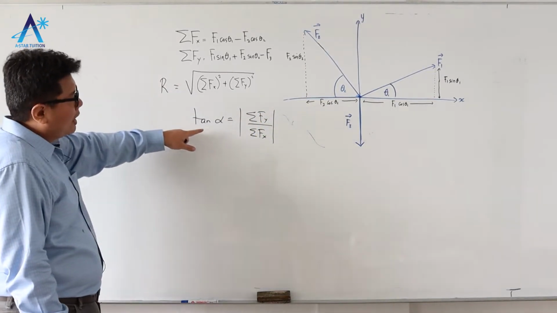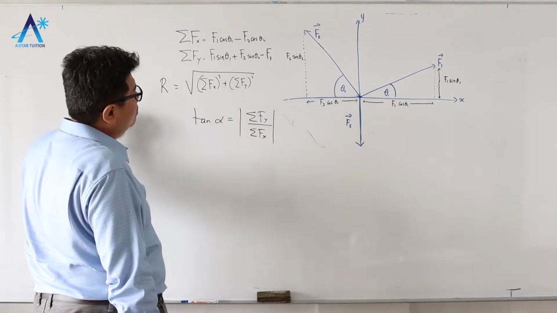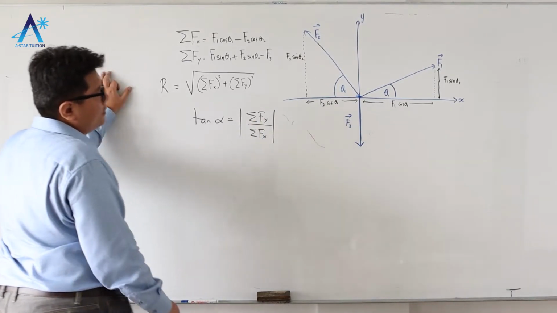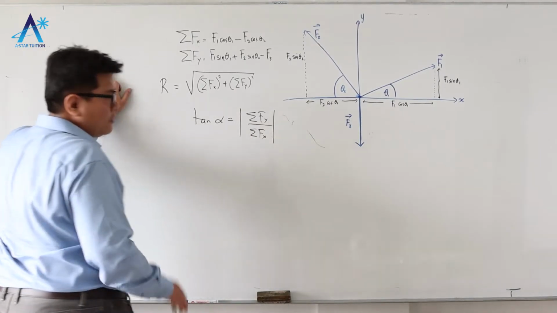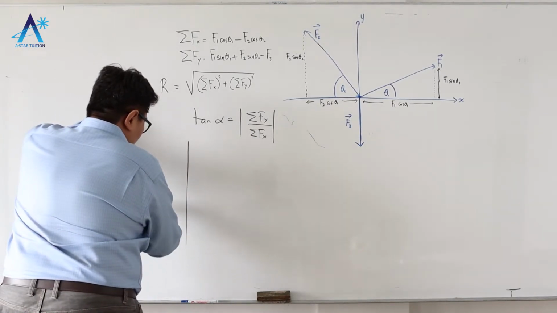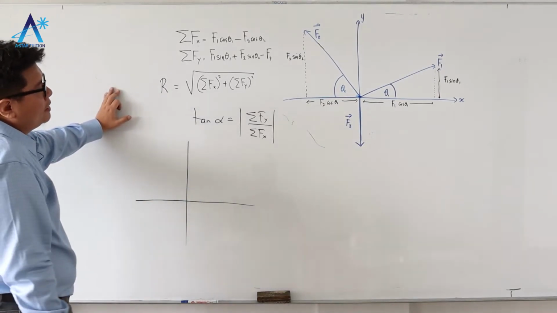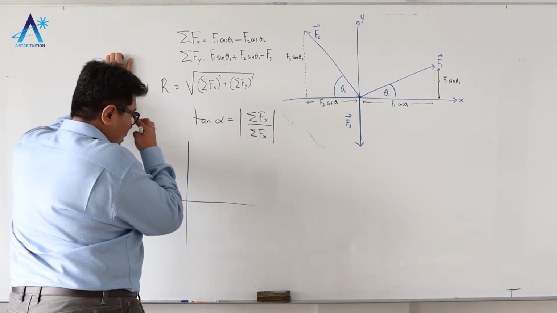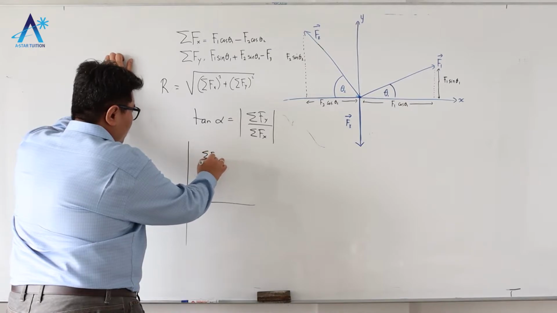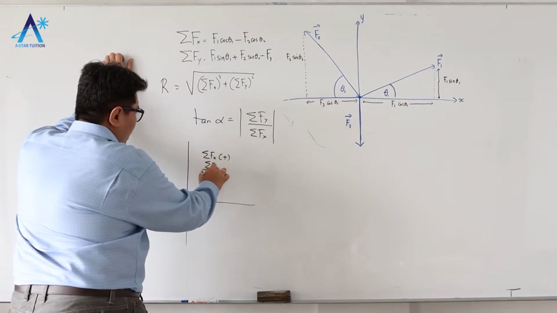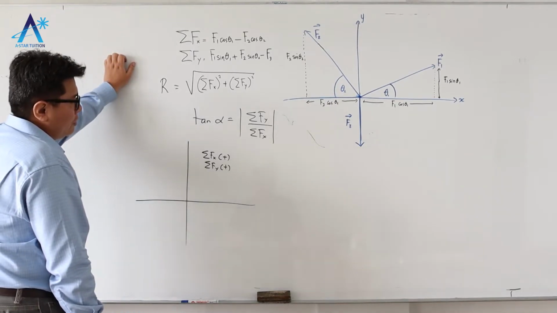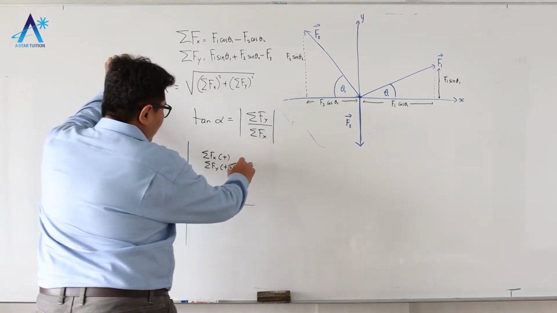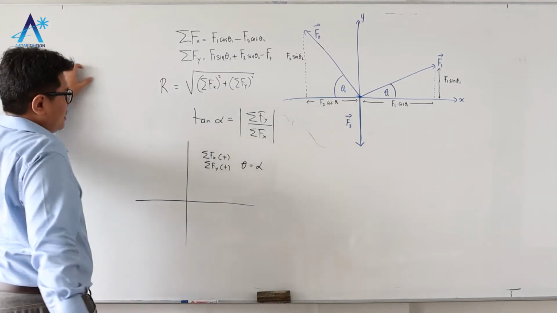Once you get alpha, you need to determine whether sigma Fy is positive or negative, and whether sigma Fx is positive or negative, because it will determine the quadrant that the resultant force belongs to. If sigma Fx is positive and sigma Fy is positive, then the resultant force belongs in the first quadrant, so the angle is just alpha.